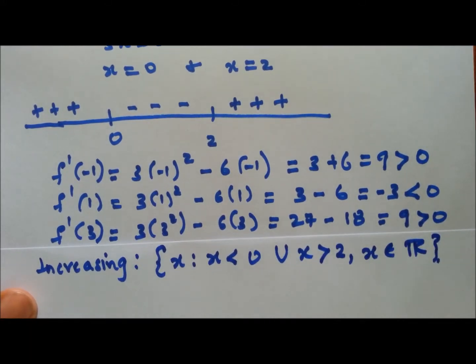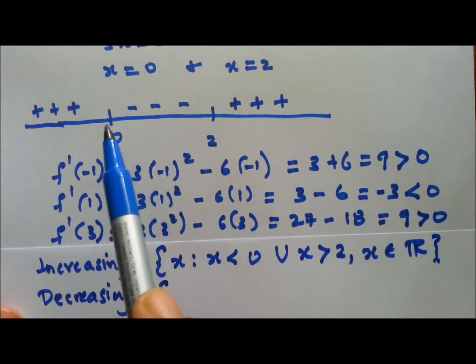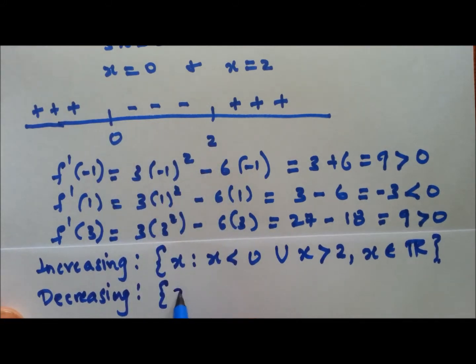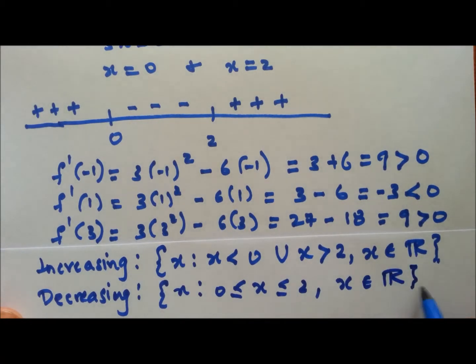To find where it is decreasing, we look at where the slope is negative. The slope is negative from 0 to 2, so the function is decreasing between 0 and 2. That gives us the intervals where the function is decreasing or increasing.